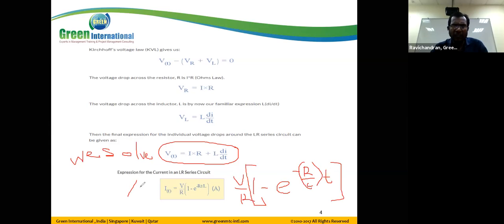This equation is very important. Using this equation, we solve some problems.